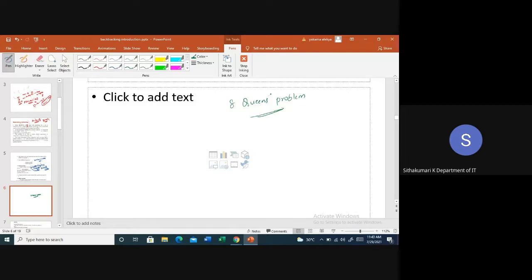Here we want to place 8 queens on an 8 by 8 chessboard in such a way that no 2 queens attack each other. So you have 8 queens and an 8 by 8 chessboard. This is a chessboard, 8 by 8: you have 8 rows and 8 columns.